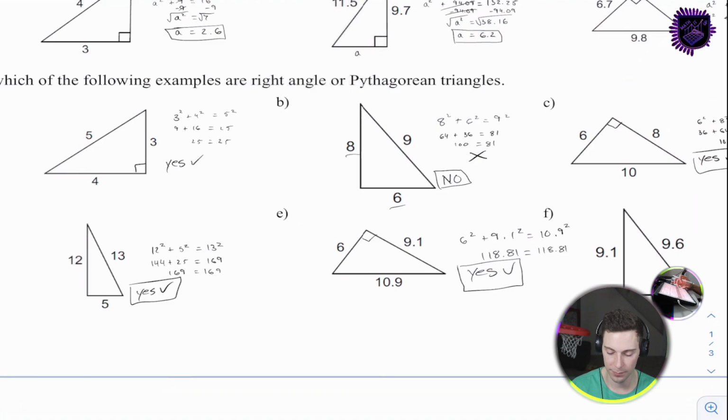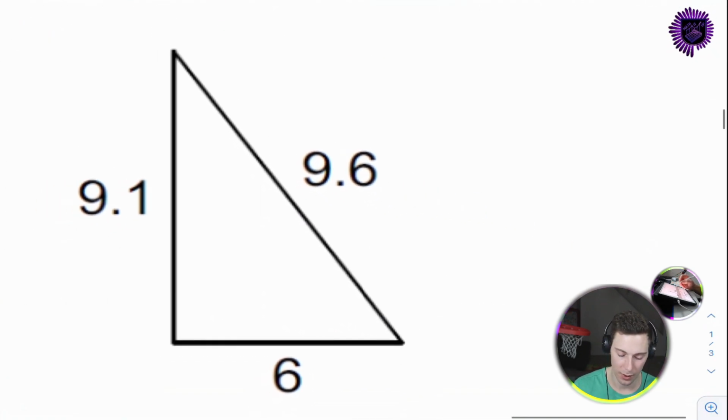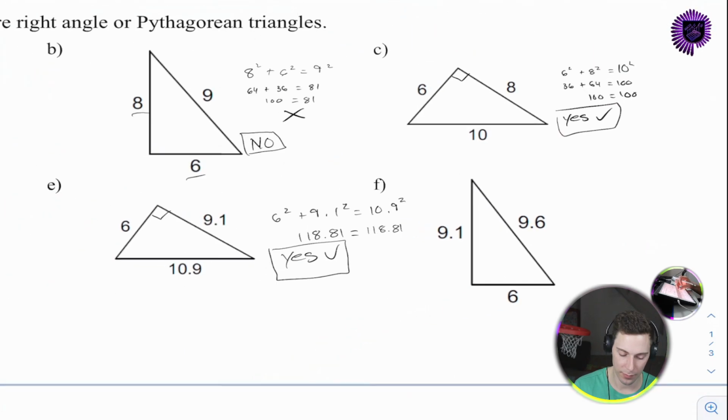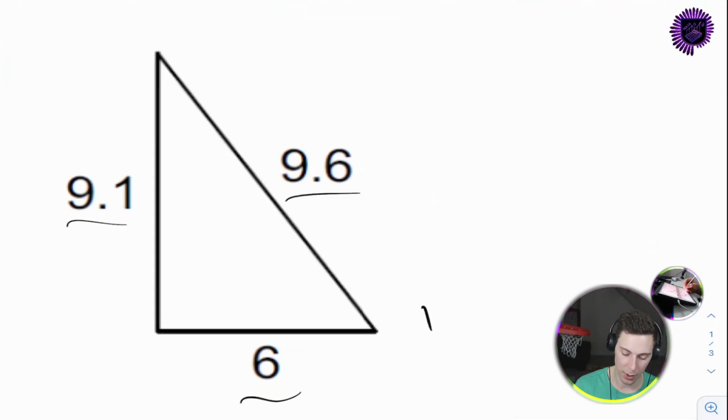All right. And this last one. Oh, it's like the same one. 6 and 9.1, 9.6. No, this one's going to be wrong.